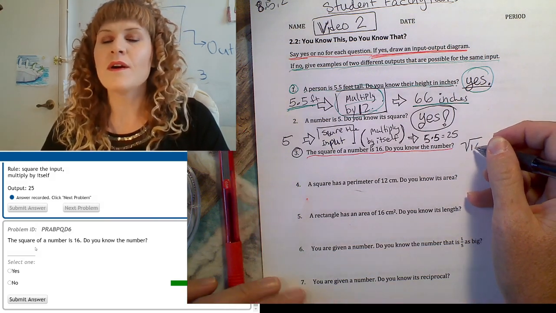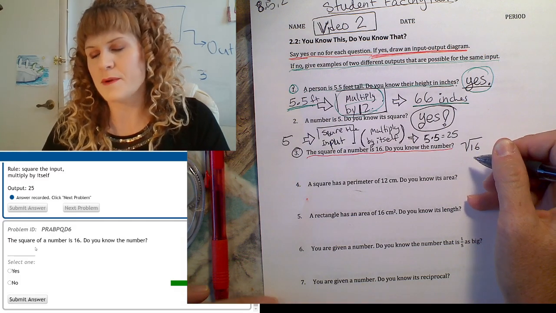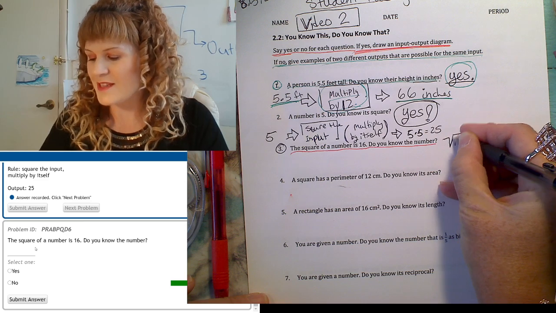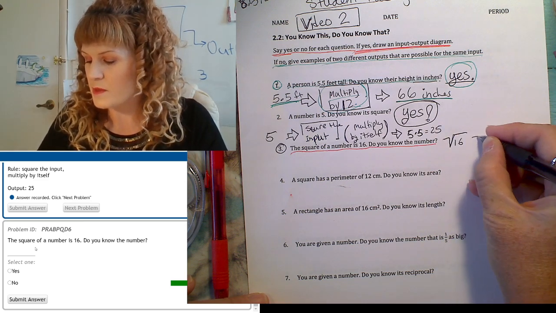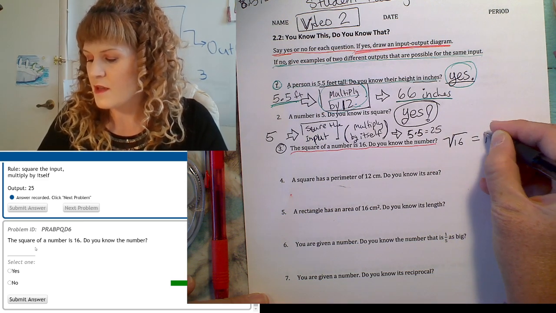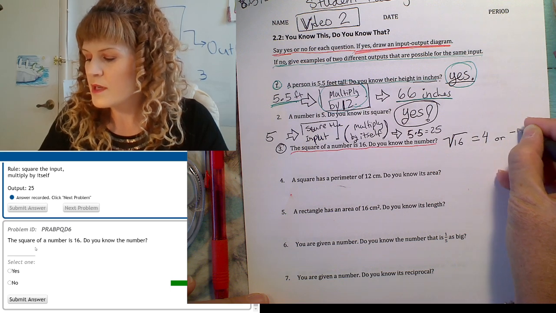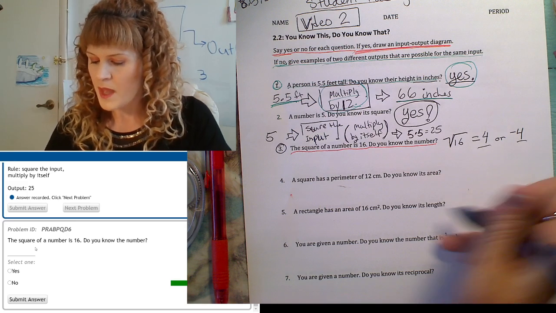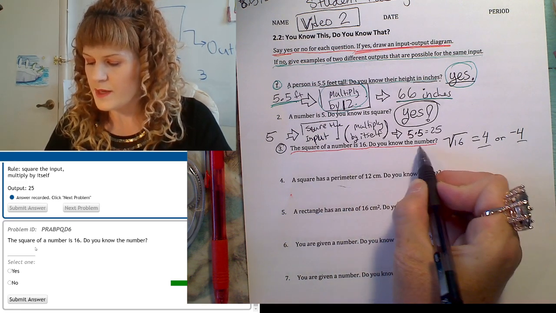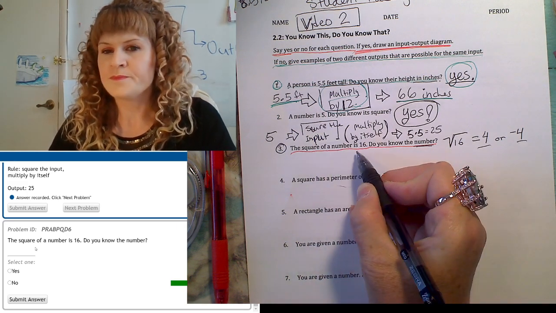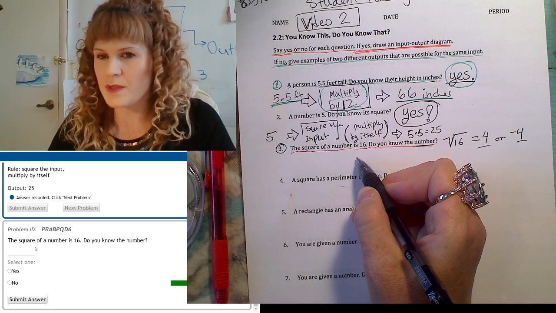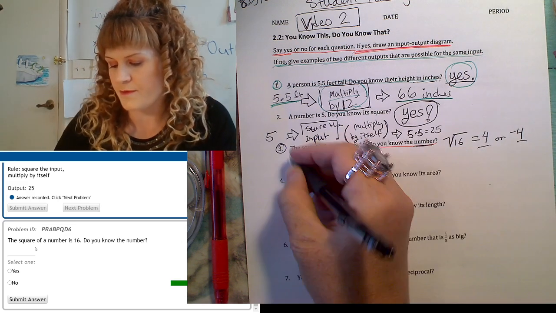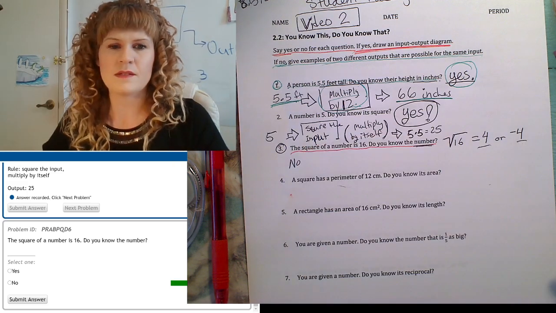But there are 2 different numbers as a result of taking the square root of 16. The square root of 16 is either 4 or -4, and those are 2 different numbers. So you don't know the number. It could either be 4 or -4. So my answer is no.